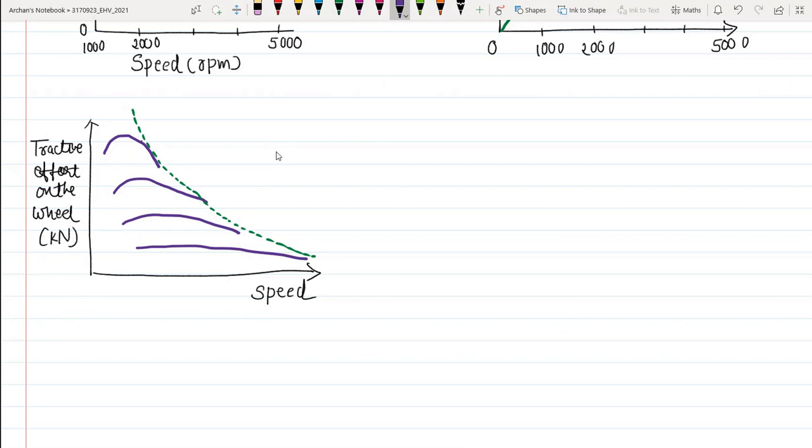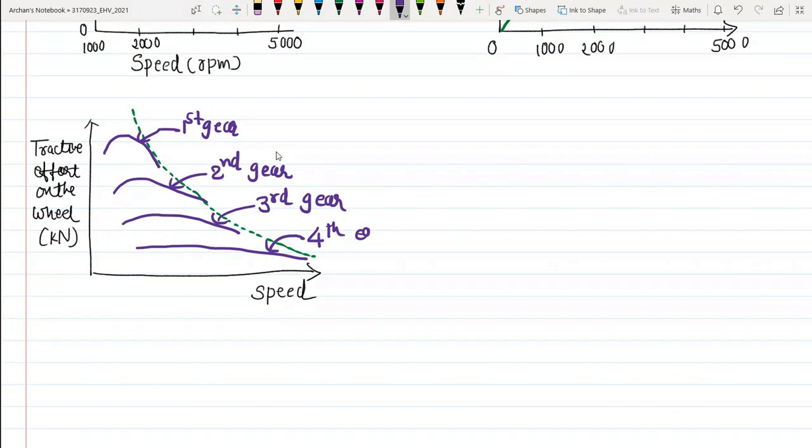So this one is for first gear. This is the characteristics for second gear. This will be for third gear, and this one is for the fourth gear.